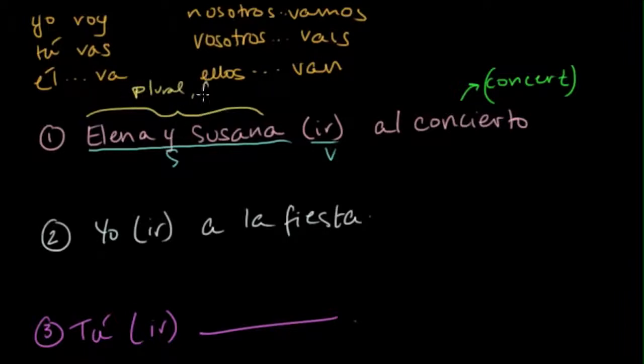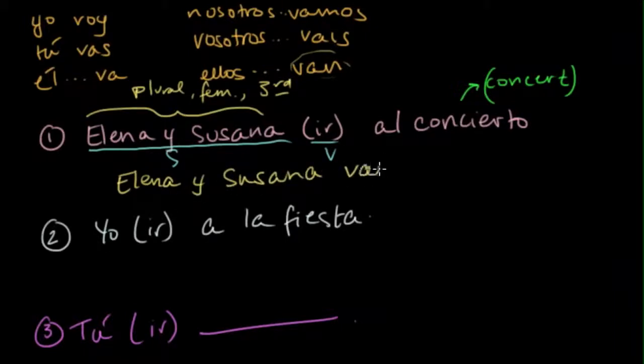Well, it's plural, feminine, and it's in the third person. We're talking about them. This means we would use the subject pronoun ellas, and our conjugation would be van. So we have Elena y Susana van al concierto. Elena y Susana go to the concert.